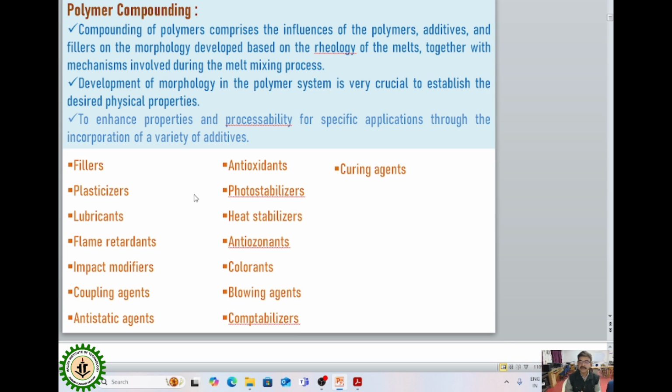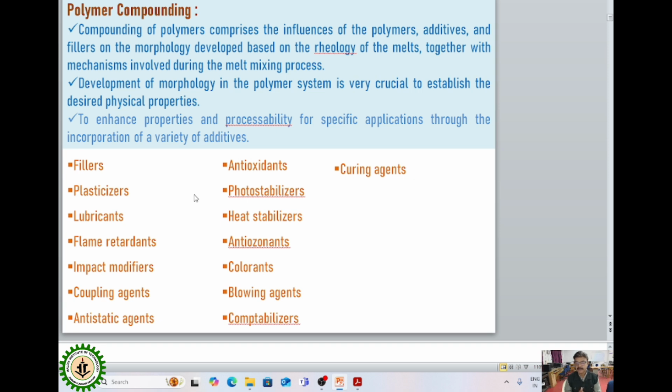So the virgin polymer, before producing the final polymeric product, is required to incorporate some specific ingredients into it, and that particular process is called the polymer compounding process.